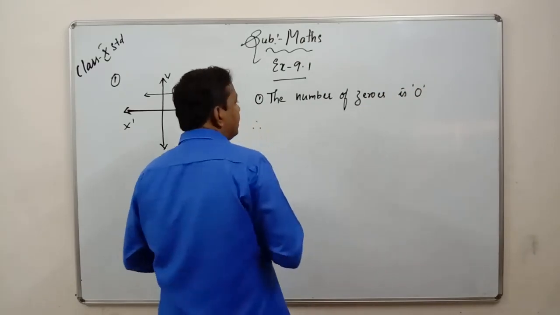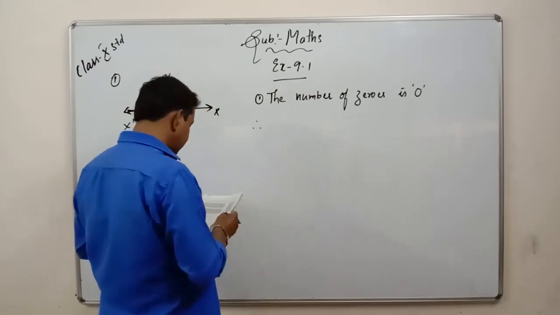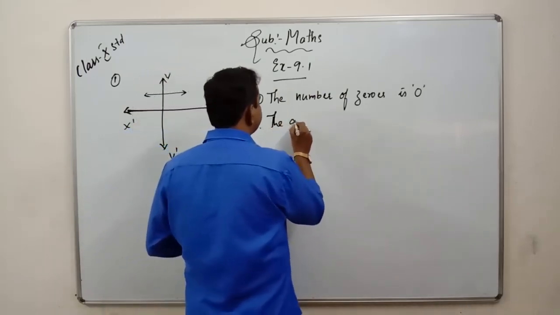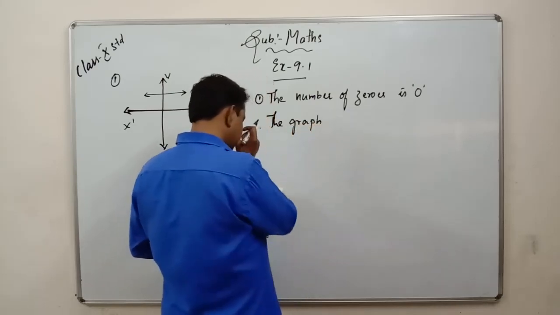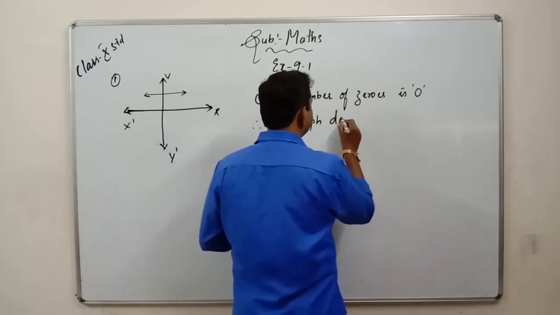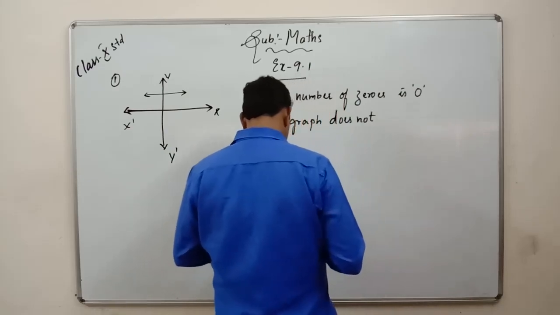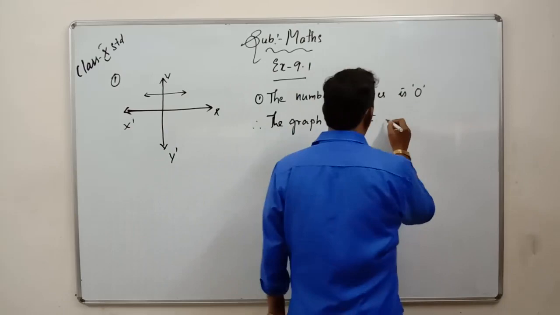Why zero only? Why not 1, 2 or 3? Why? Because the graph does not intersect the x-axis at any point.